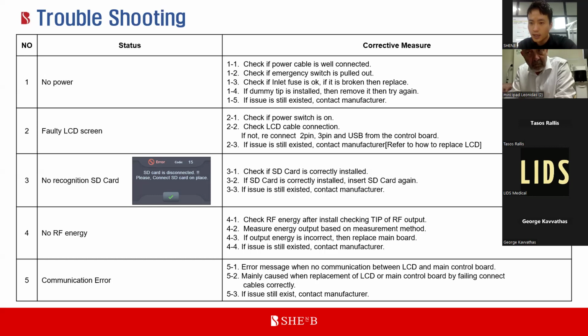So if this kind of problem is expected, there's a different method to check the RF output, but we cannot do it with the machine alone, because there's no measurement inside the machine. It's only automatically shown on the system. Regarding this RF output, I will give you a different presentation after this training. We need a different device called an oscilloscope to check the RF output.